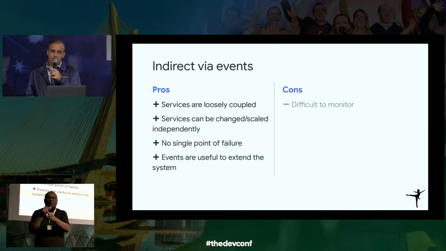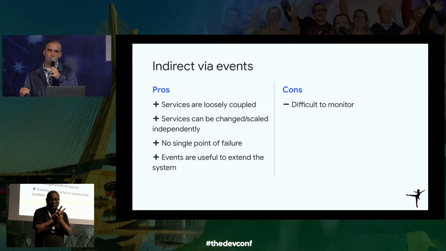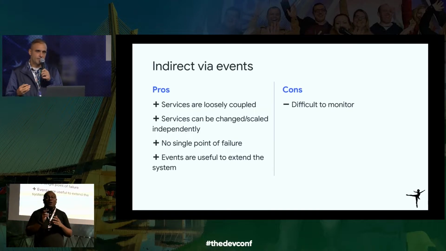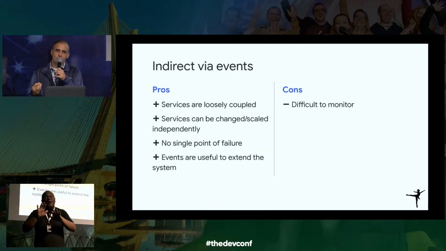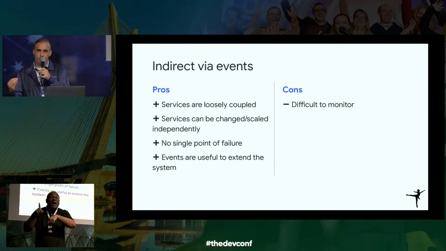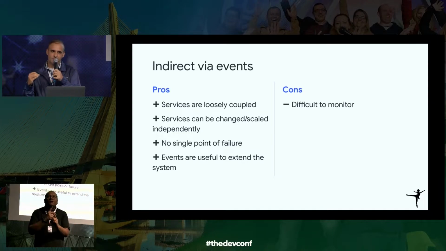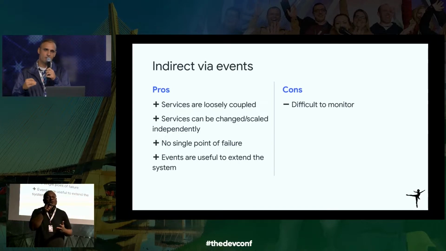On the other hand, event-driven architectures are difficult to monitor because you have all these events flying around, and all these different types of events. So if something goes wrong, it's not immediately obvious what went wrong. It becomes a little bit hard to trace and to monitor your system.